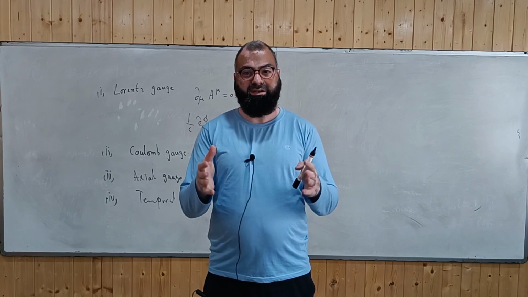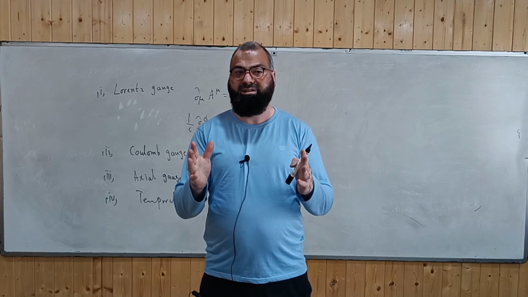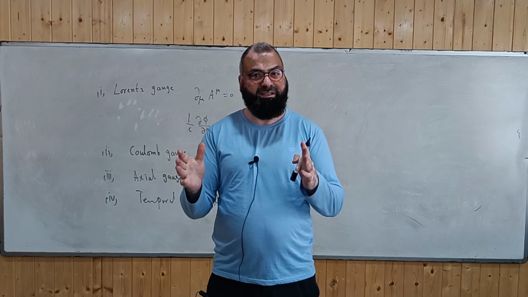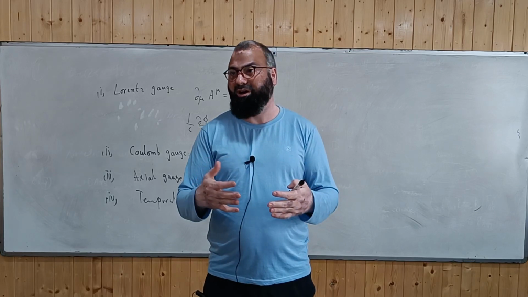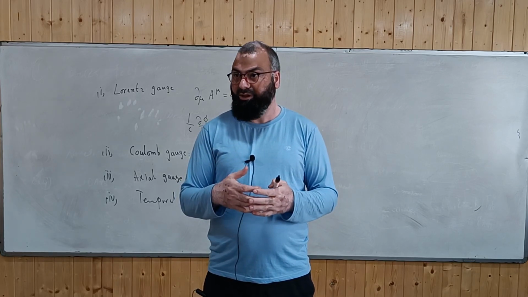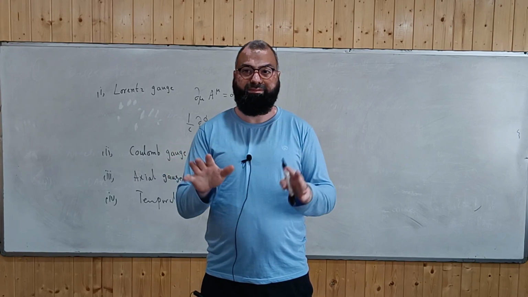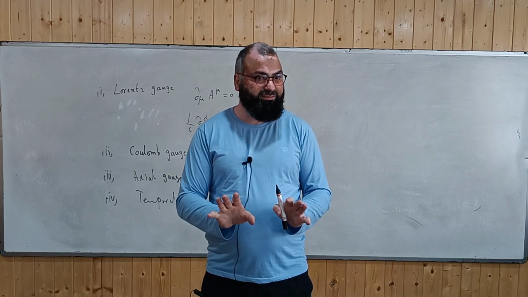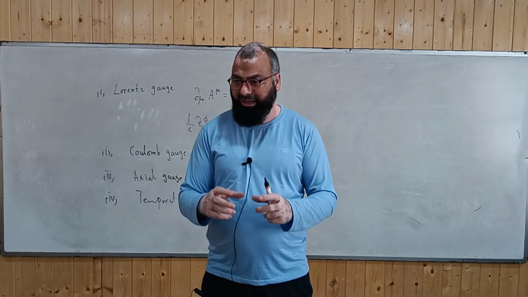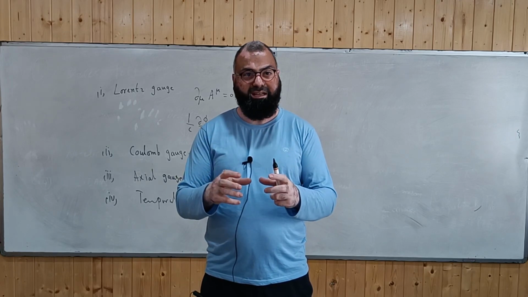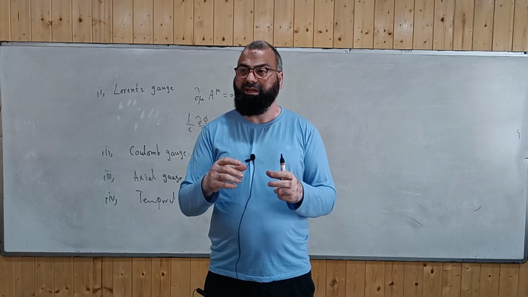Understood? That means you cannot fix the commutation between A and its conjugate momentum arbitrarily. You need to choose a specific value of these field variables. You need to fix these field variables. The simple reason being that A is a 4-component vector and I have only 2 degrees of freedom.